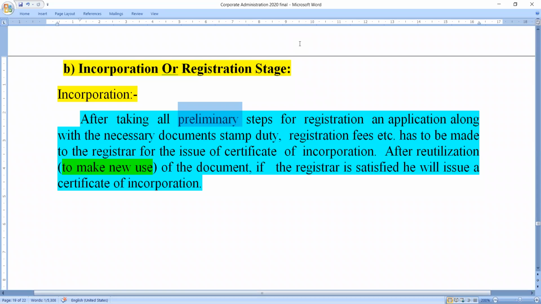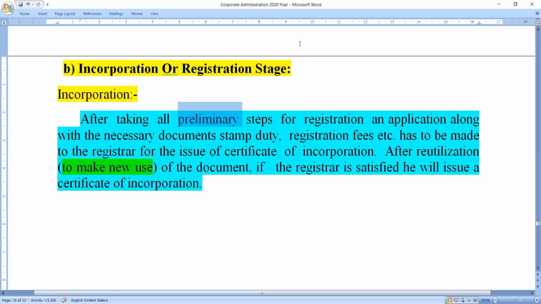After he verifies the documents, that is, re-verifies or re-examines the documents, each and every document is verified by the Registrar.